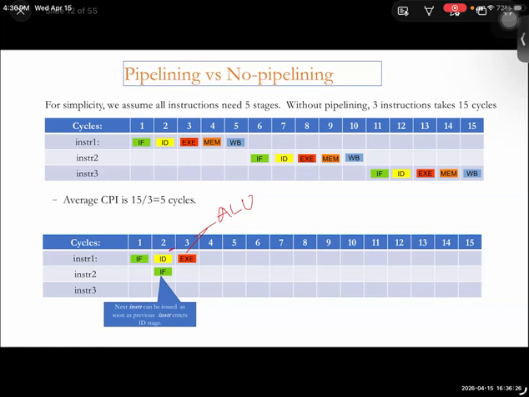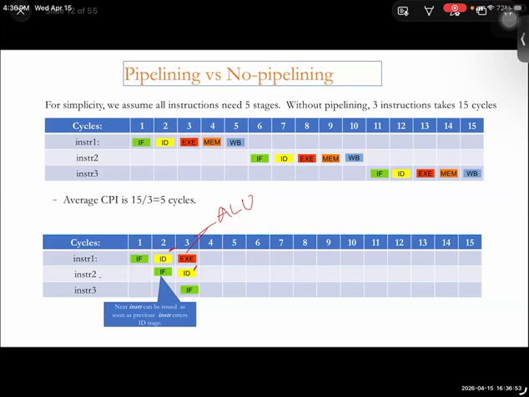So instruction 2 can enter the next stage, that is the instruction decode stage. So instruction 2 is busy with the register file. Then instruction 3 will be allowed inside the pipeline, in the first stage, the instruction fetching stage. So there are 3 instructions in the pipe.